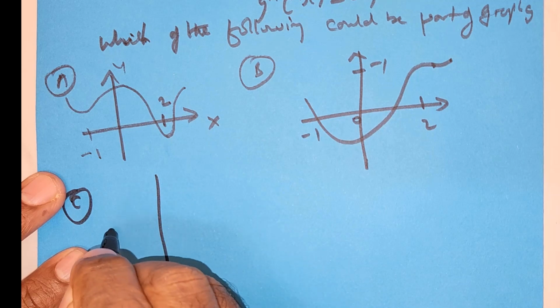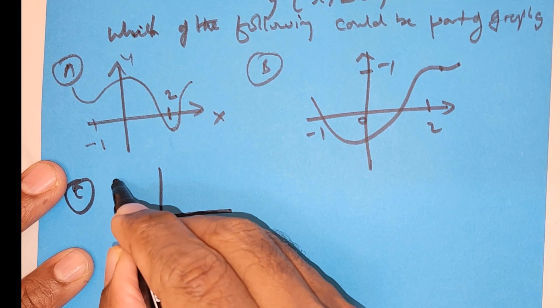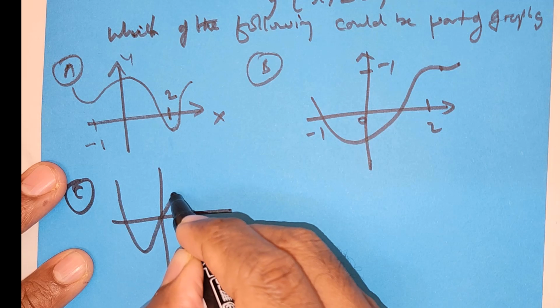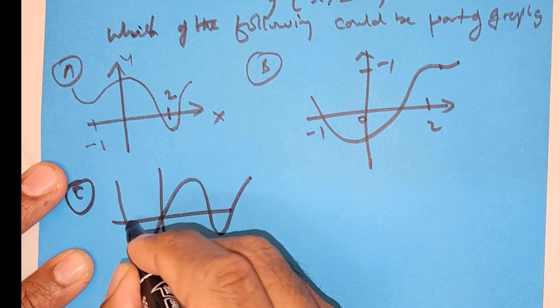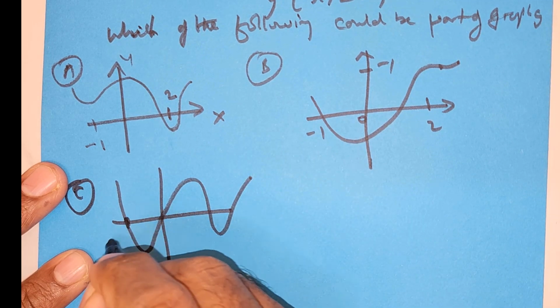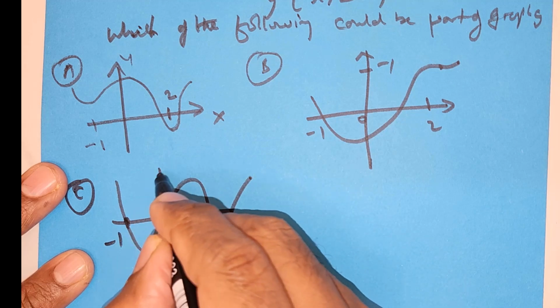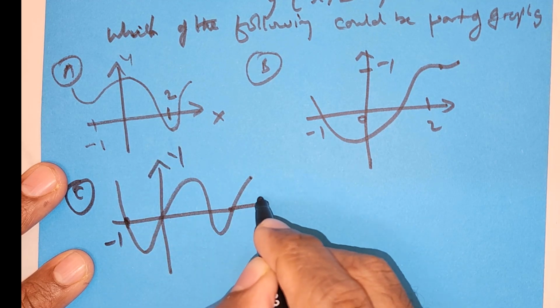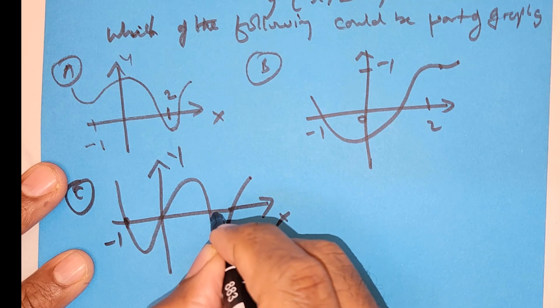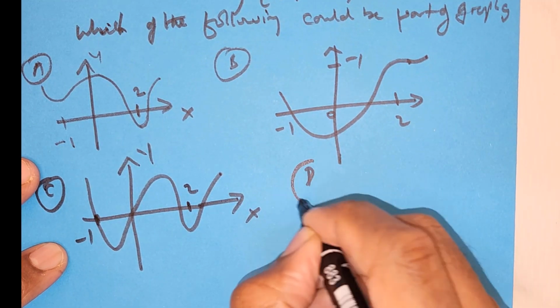Now C, okay, so this point is -1, this point is 2.